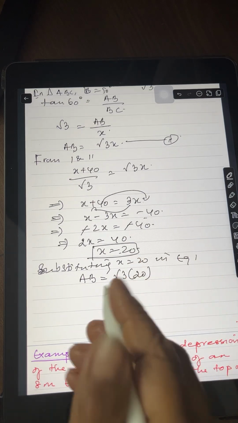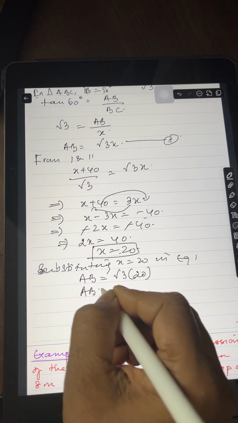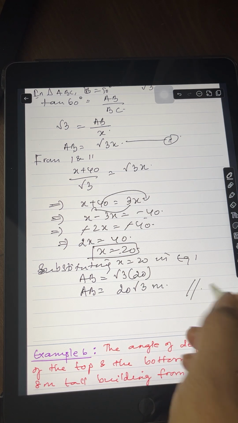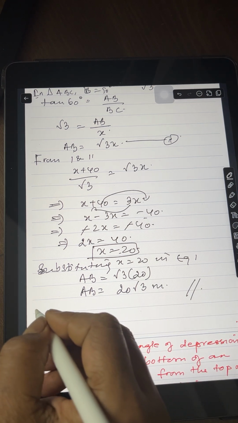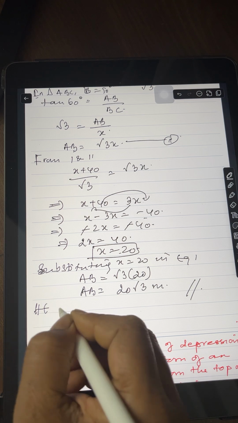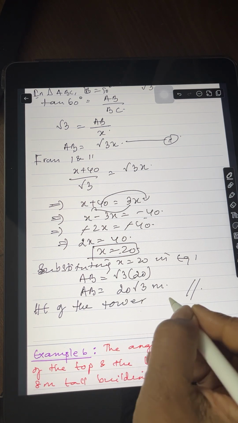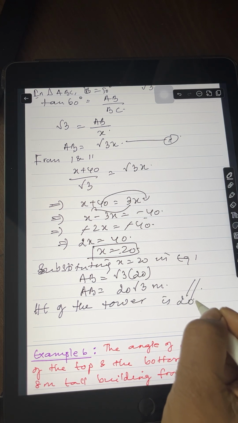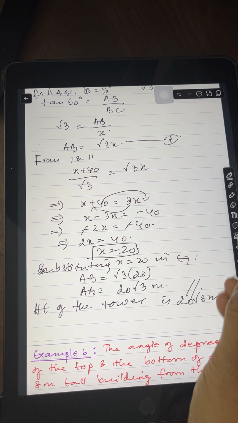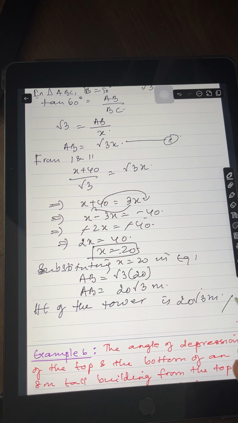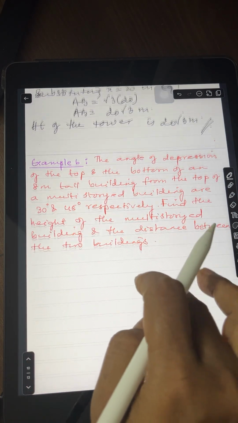So AB is equal to 20 root 3 meter. This is your answer. So height of the tower is 20 root 3 meter. Okay, clear?